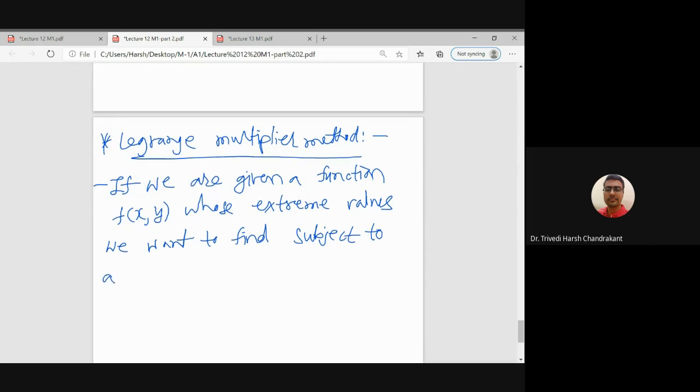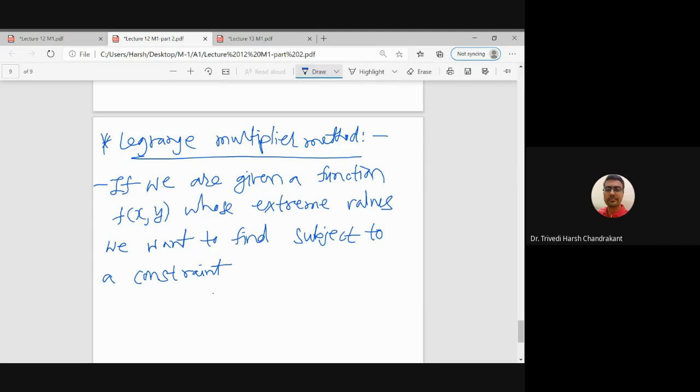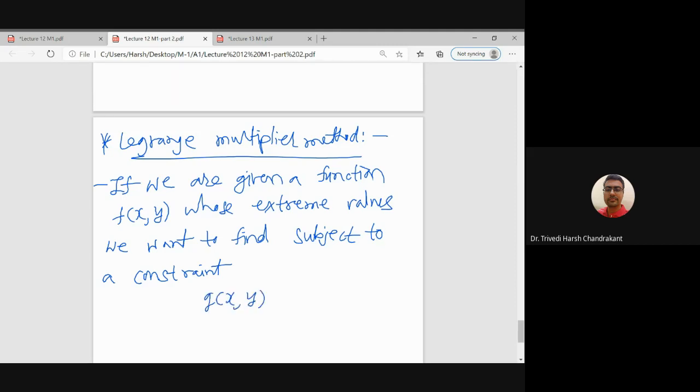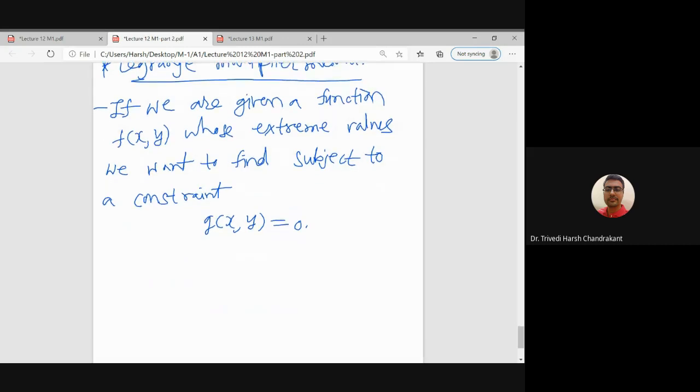Like if the boundary is the unit circle, we have the equation x squared plus y squared equals 1. Such an equation we can convert into a constraint in the form g(x, y) equals a constant, or g(x, y) equals 0. We'll see an example in a minute.